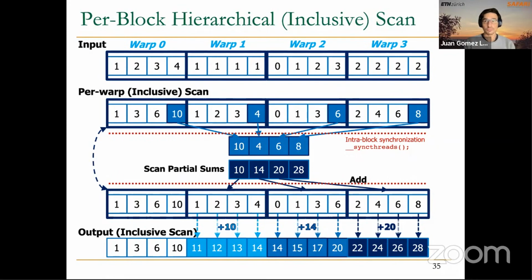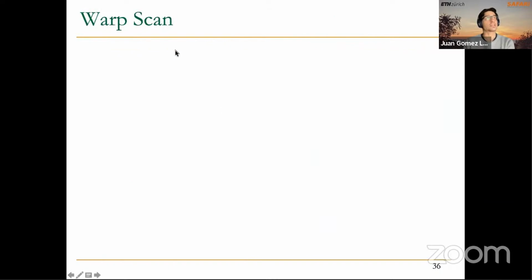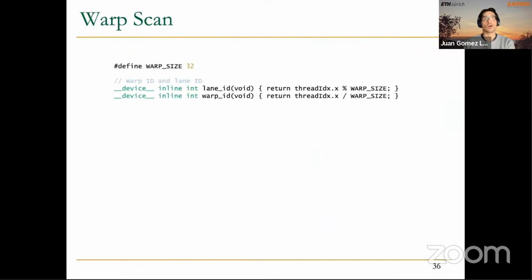So let's see how we can implement an efficient per-warp scan using warp shuffle operations, and this is our warp scan function. We start by defining the warp size.